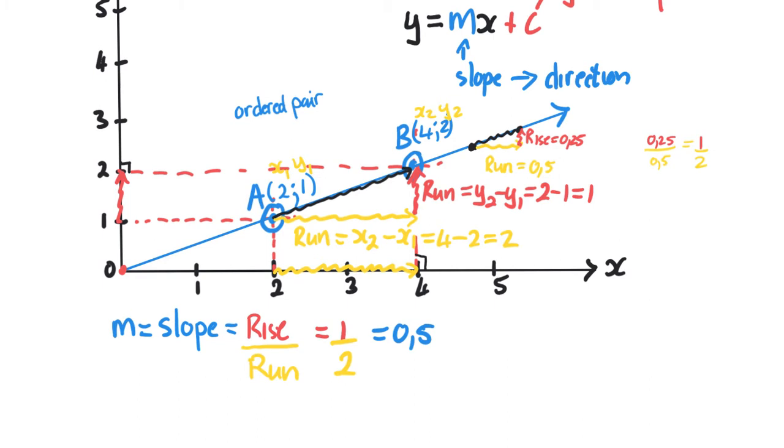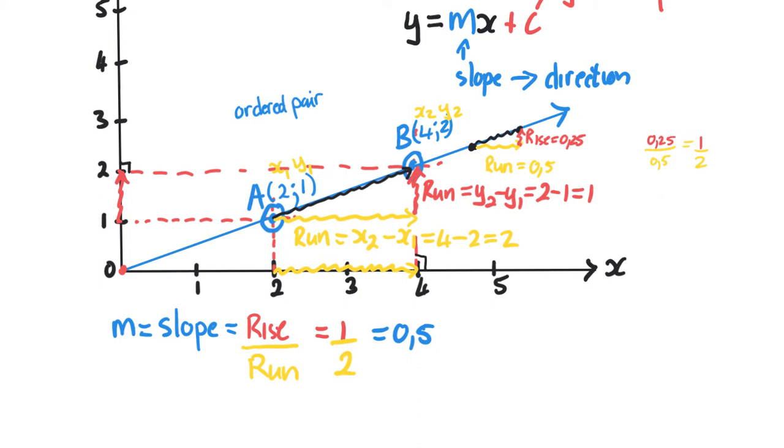So this particular graph has a slope of 1 over 2. How would the graph look if it had a slope of, let's say, 2? All right, so let's say we dealt with a graph that had a slope of 2, and it also passed through the y-axis at x equals 0.